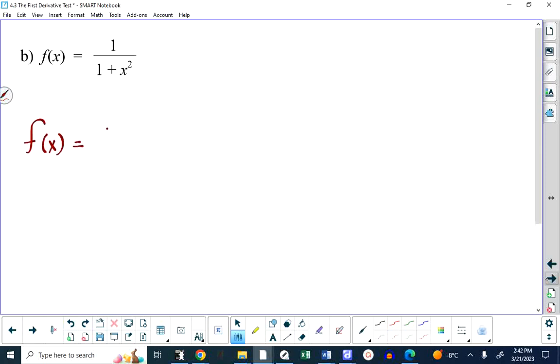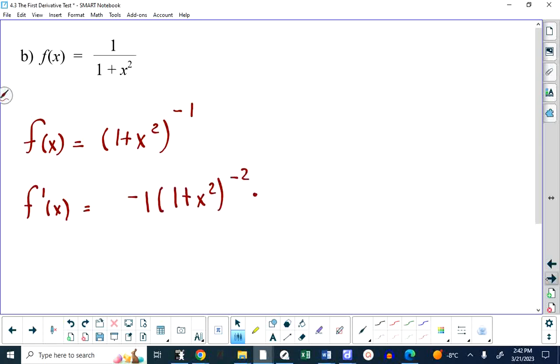First of all, f of x is 1 plus x squared to the -1. I think this is the quickest path to take rather than using the quotient rule. So f prime of x is -1, 1 plus x squared to the -2 times 2x. Can we all buy that?